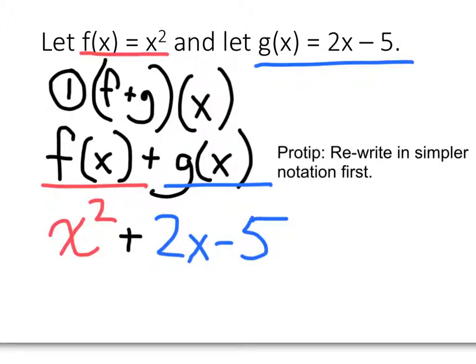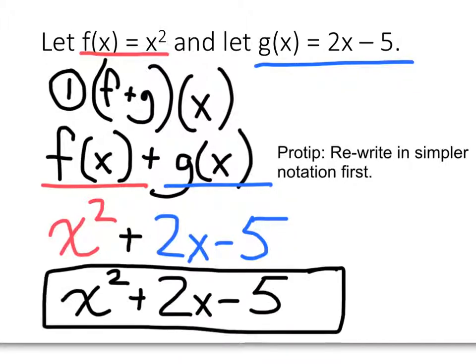So substitute x squared for f of x, substitute 2x minus 5 for g of x. And then finally we collect the like terms. Since we have an x squared term, an x term, and a constant term, there actually are not any like terms to collect. And so this is how we leave our final expression for f plus g of x.